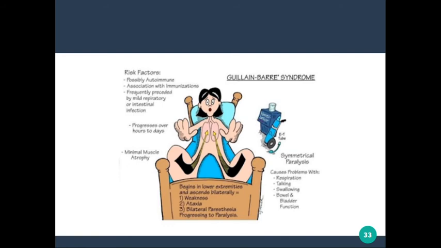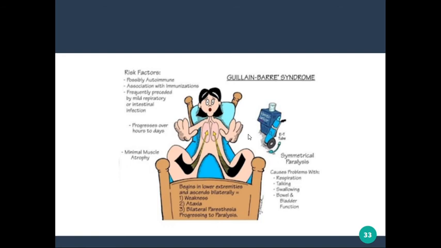Guillain-Barre syndrome is possibly thought to occur because of an autoimmune process. It is associated mostly with a mild respiratory or intestinal infection and progresses over days. The classical finding in Guillain-Barre is an ascending weakness which progresses and worsens over a couple of days, usually 10 to 14 days, and there is a symmetrical paralysis.